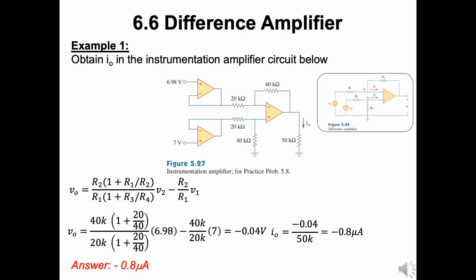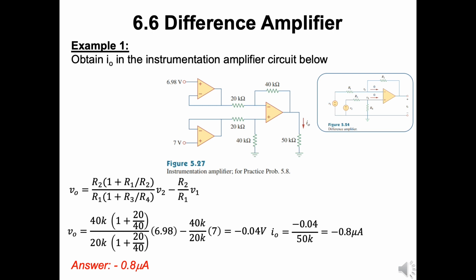If we compare this figure with the one that we discussed before, it is almost the same. But the arrangement of V1 and V2 has been rearranged. The meaning of the difference amplifier is the same.